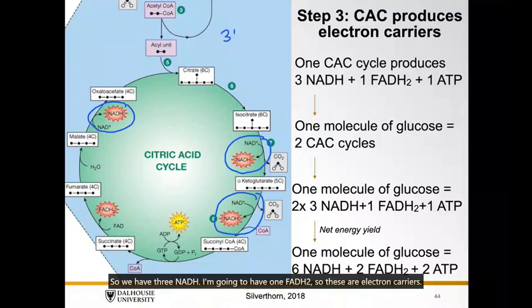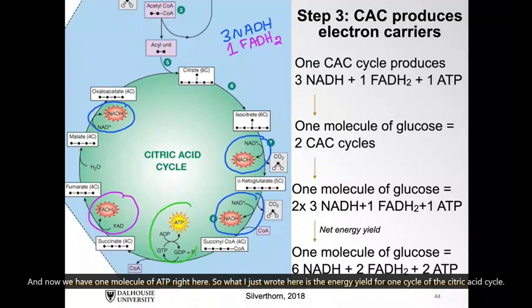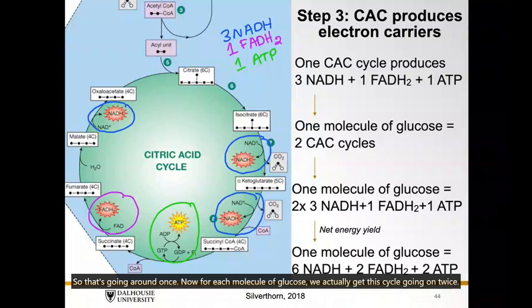So we have 3 NADH, we're going to have 1 FADH2, so these are our electron carriers, and then we have 1 molecule of ATP right here. What I just wrote here is the energy yield for 1 cycle of the citric acid cycle. So that's going around once.